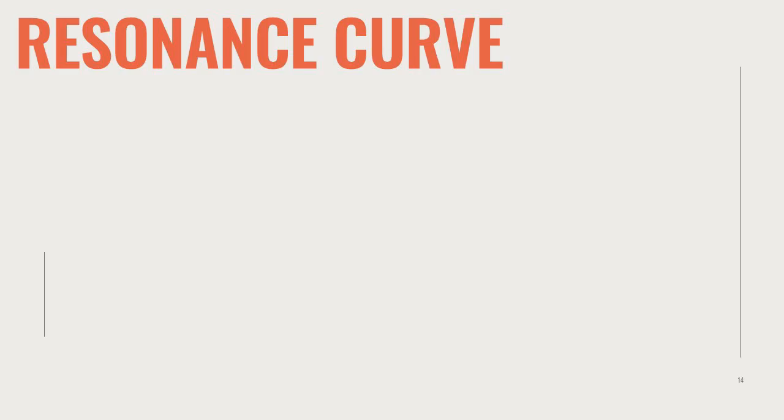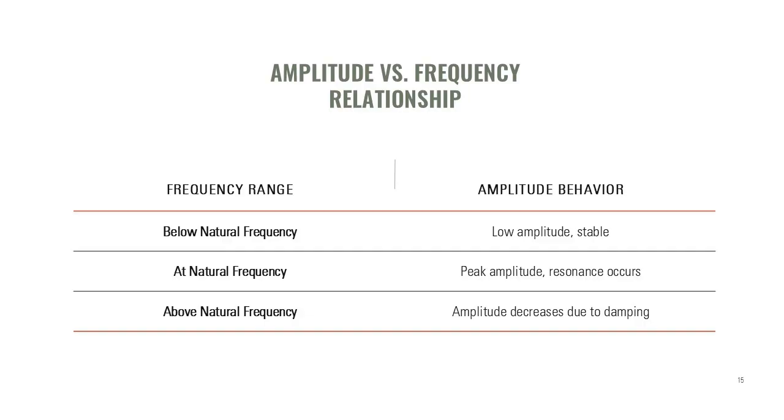Resonance curve: amplitude versus frequency relationship. The resonance curve illustrates how vibration amplitude varies with excitation frequency. At low frequencies, amplitude remains small, but as the frequency approaches the system's natural frequency, amplitude rises sharply, peaking at resonance. Beyond this point, amplitude decreases due to damping effects.